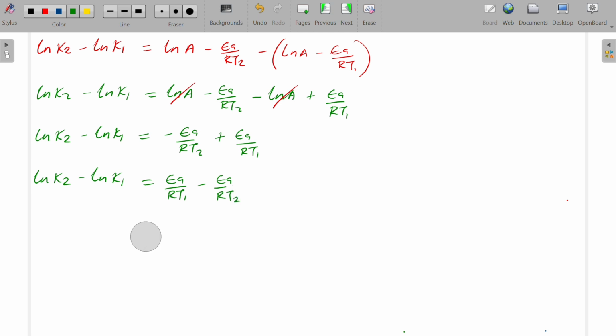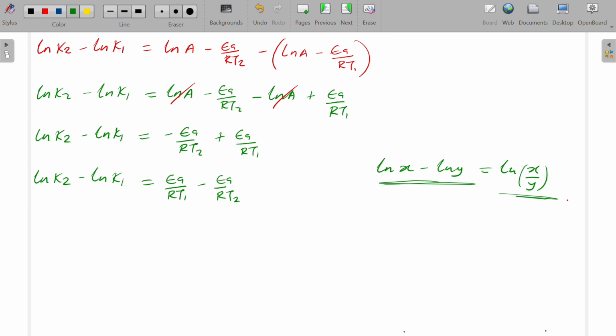When you reach this stage, on the left hand side, if you have natural log of x minus natural log of y, this is the same as natural log of x over y, like that. So this is the same concept we are going to apply here.